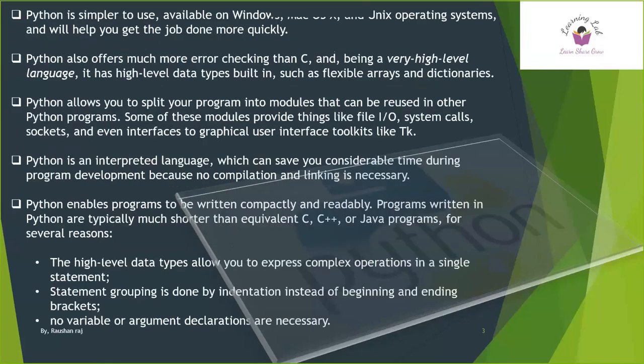Moving to the features of Python. Python is simple to use. It is available on Windows, Mac OS and Unix operating systems. Okay. Python also offers some error checking, like whenever you are writing a program, they have implemented some logic from C or C++, and with the help of that implementation it can check any errors in your source code.